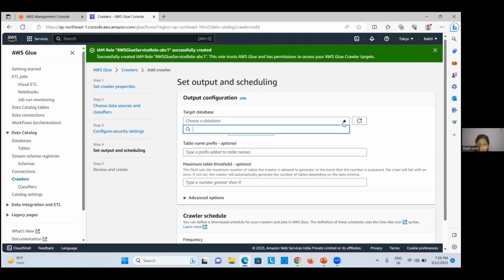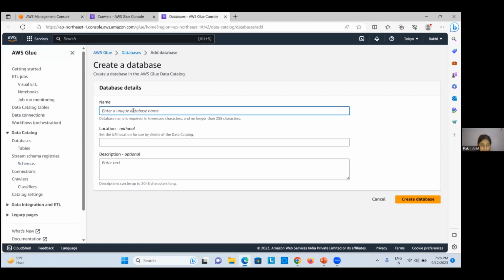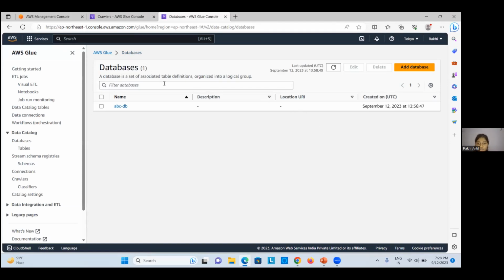The fourth step is set output and scheduling. Add database. Give a database name. Then create database. Location and description are optional. Then go to AWS.